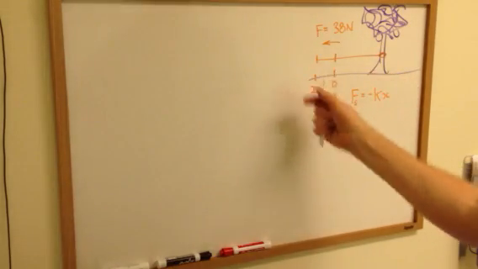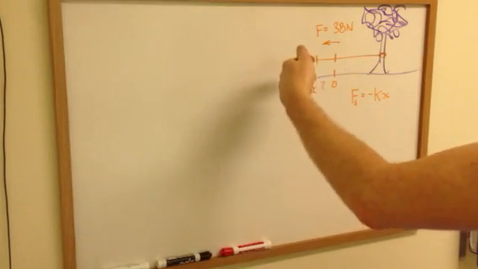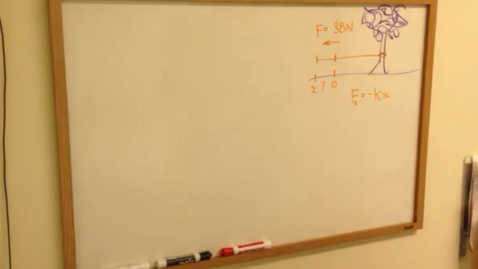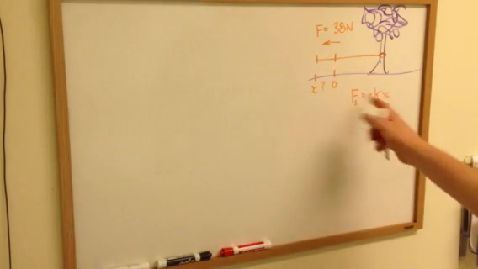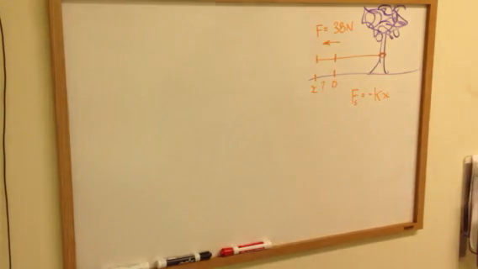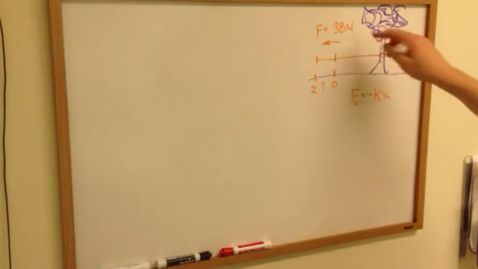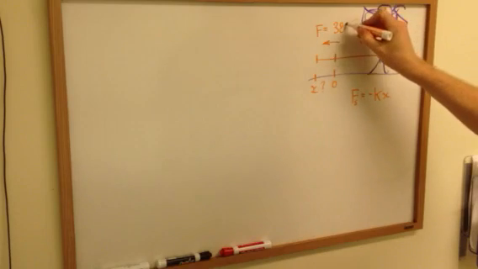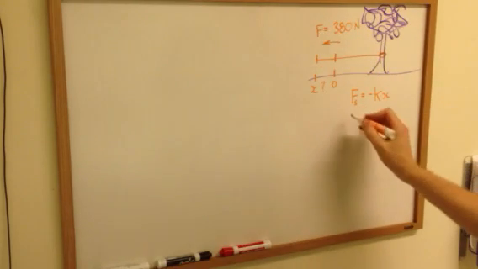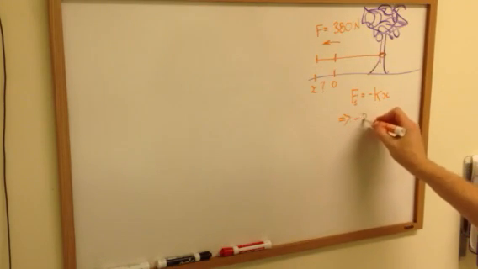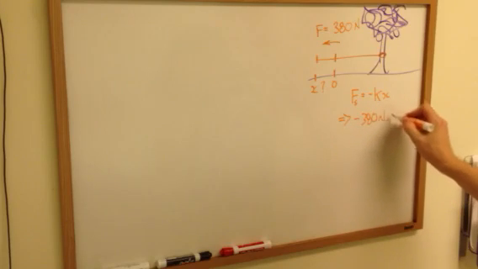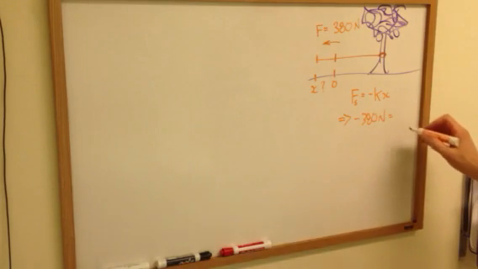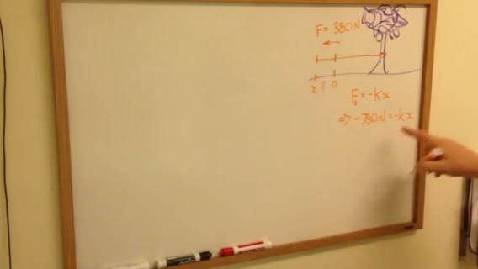So if you pull in this direction, the force on the bungee cord is going to pull in the other direction. The sign won't matter here because you're just asking, what is the distance? You're pulling 380 newtons to the left, so in this case it's going to be negative 380 newtons. You want to know what the distance is. We don't know. In order to answer that, we're going to have to find k.